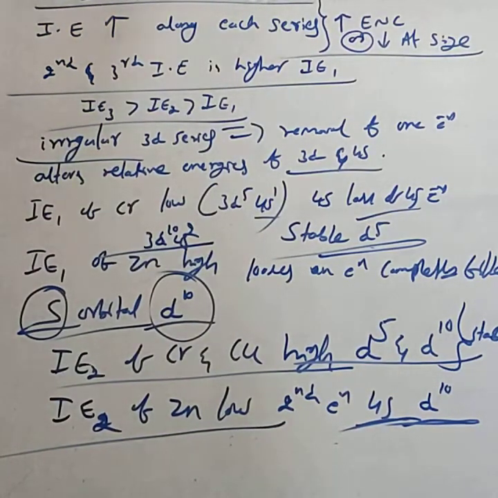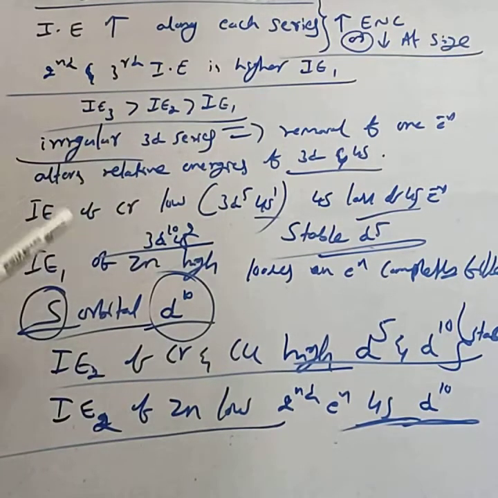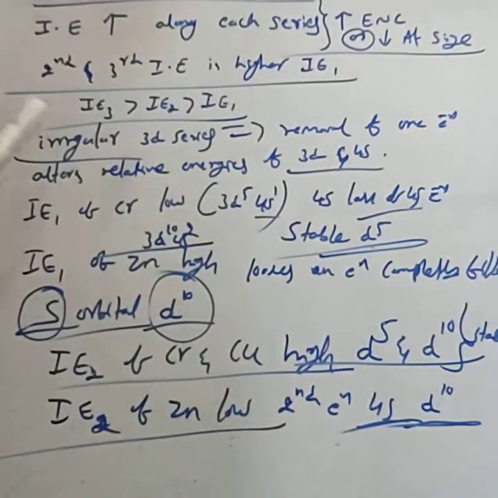This is about the ionization enthalpies. Just follow this ionization enthalpy order: IE3 greater than IE2 greater than IE1. There is an irregular trend in variation of ionization enthalpy of the 3d series, because removal of one electron alters the relative energies of the 3d and 4s orbitals.